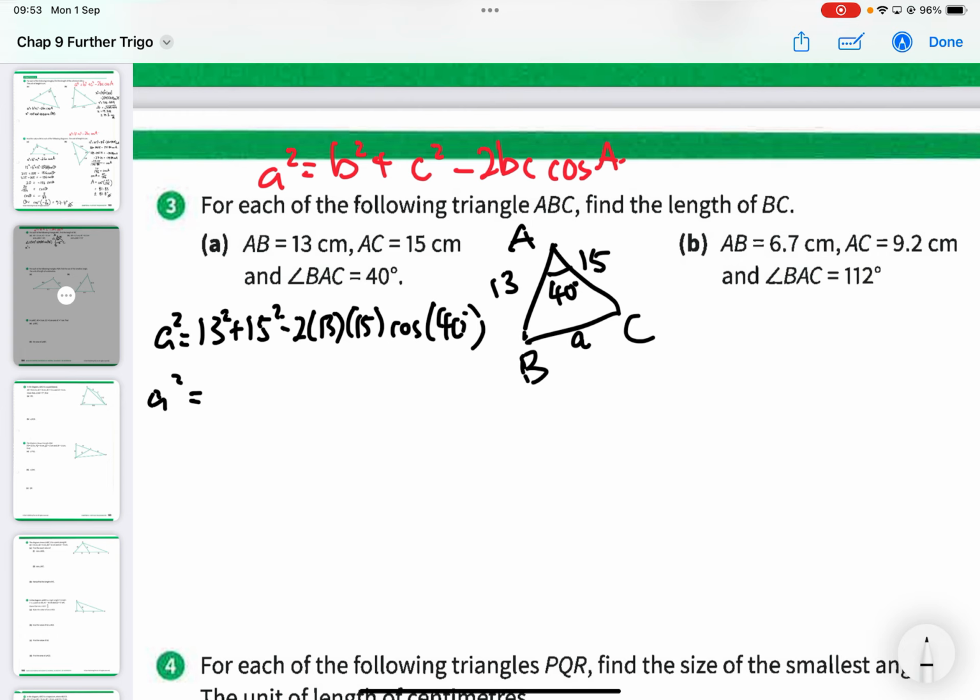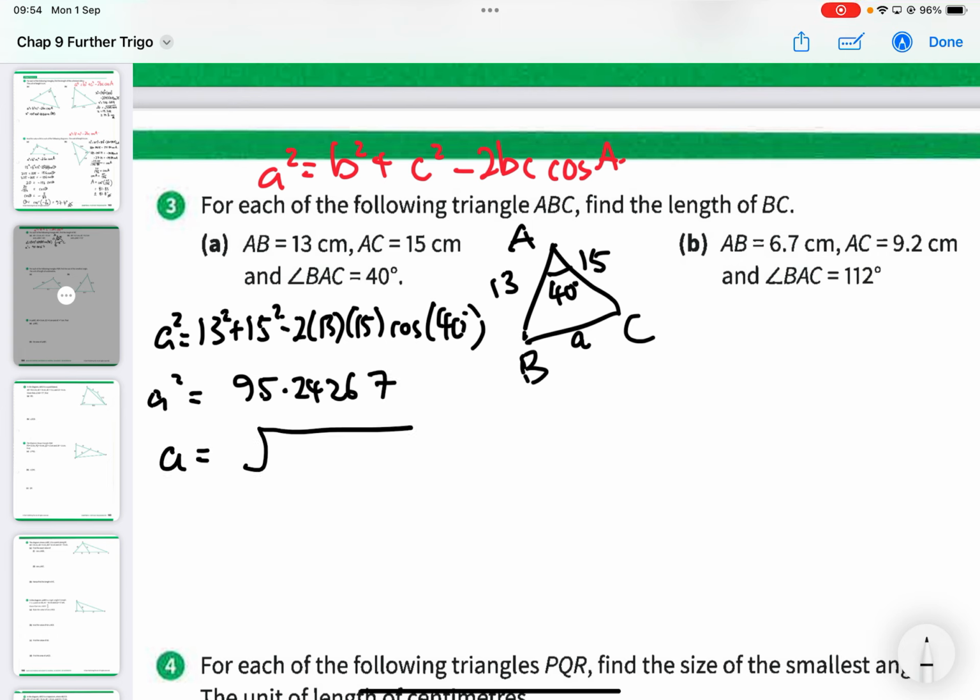The challenge is only the identifying: where is A, where is B, where is C, where is big A. So A square is 95.24267.